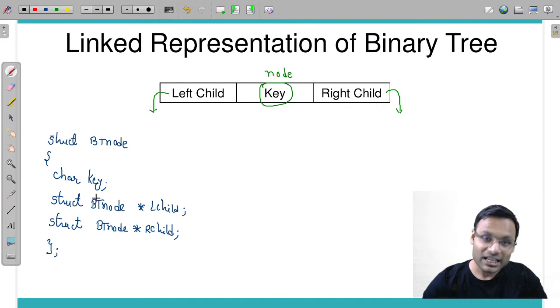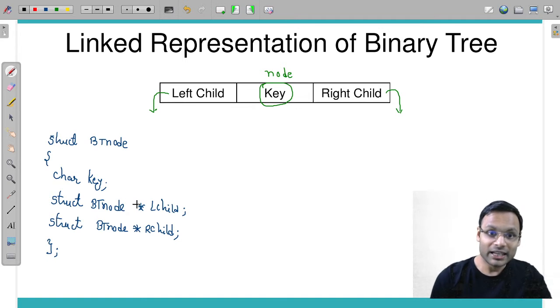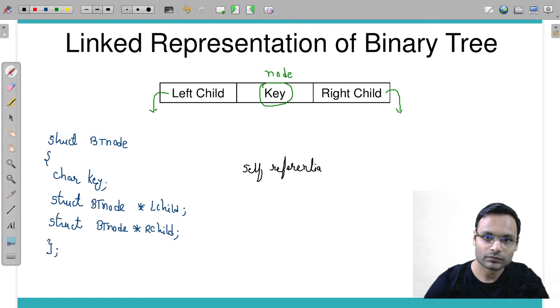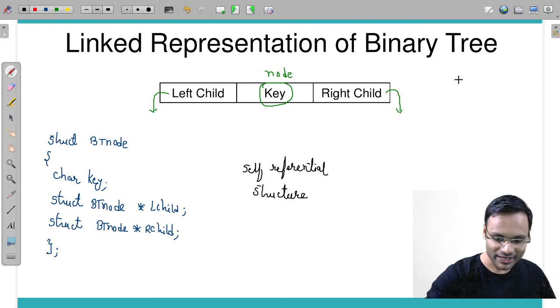All such structures in which a member of the structure is a pointer of its own type, I told you what they are called. These structures are called self-referential structures, because they refer to pointers of their own type.